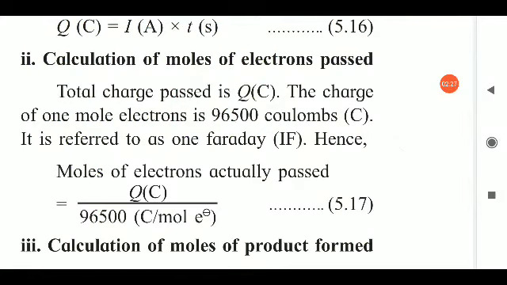The second thing is the calculation of moles of electrons passed. The total charge passed is Q, which we have calculated, and the charge of 1 mole of electrons is 96500 coulombs. It is referred to as 1 Faraday.